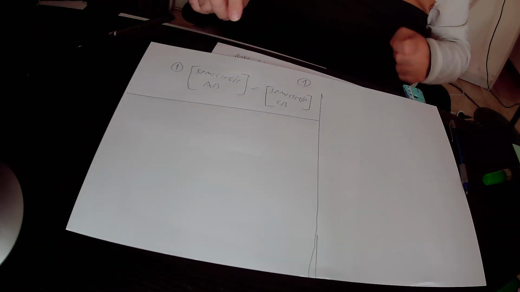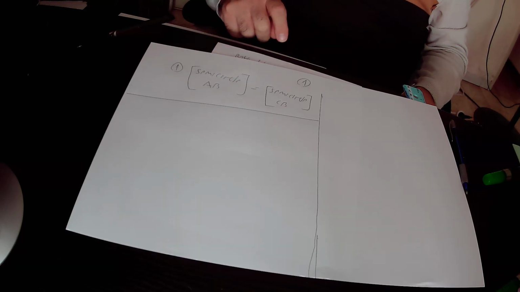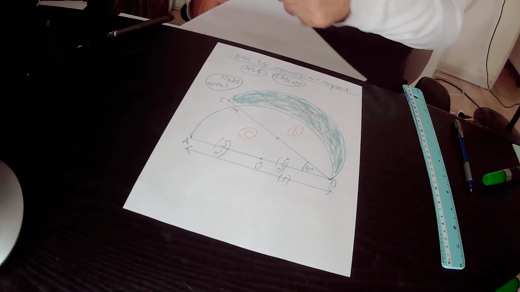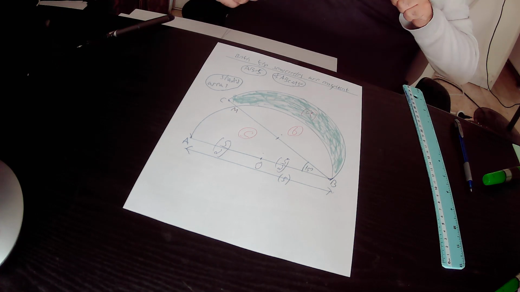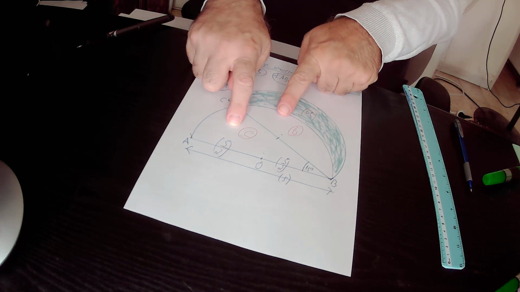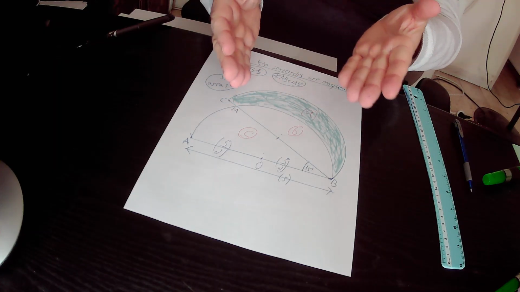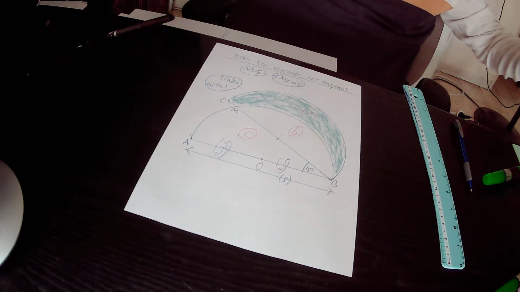The area of semicircle AB must be equal to the area of semicircle CB. But what is the area of this semicircle AB? Semicircle AB consists of those two shapes. Therefore, the area of semicircle AB must be equal to the sum of the areas of those two shapes that it consists of.